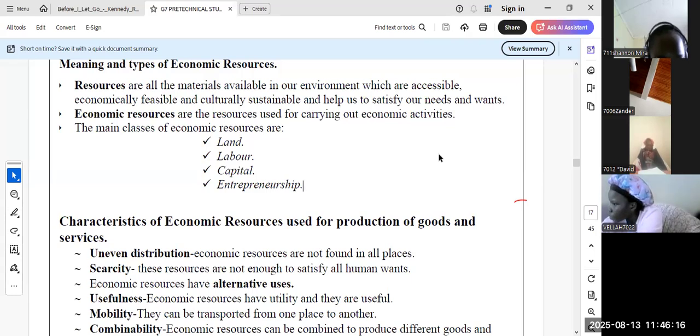Shannon, any idea? Land cannot be moved. Okay, land cannot be moved. Hold on a bit, Shannon. Vela, you have something to say about uses of land? Yes? Uses of land?